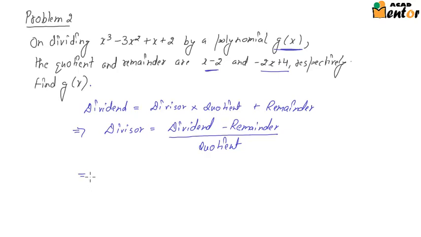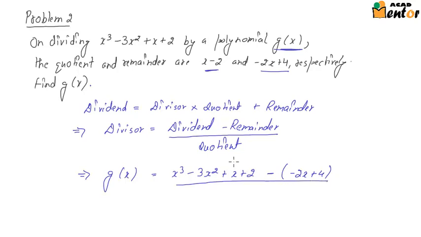So the required divisor, which is gx, would be dividend, which is given as x cube minus 3x square plus x plus 2 minus the remainder, which would be minus 2x plus 4, divided by quotient, which is x minus 2.